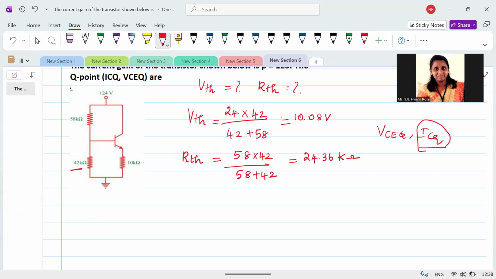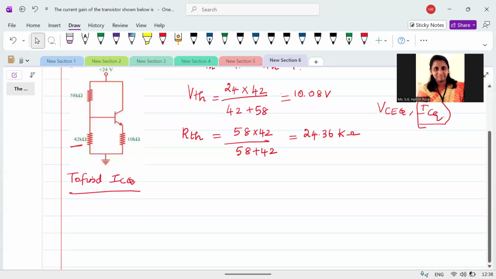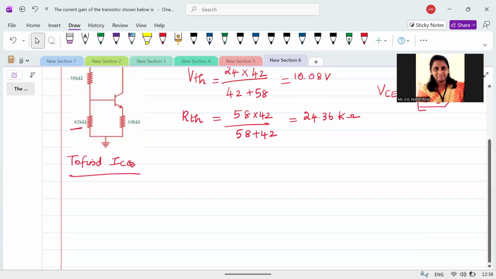First we find ICQ. To find ICQ, we redraw the circuit with the obtained values. We have found VTH and RTH.